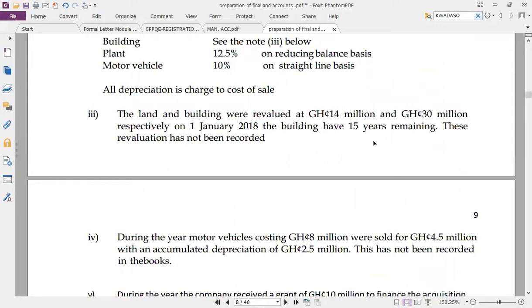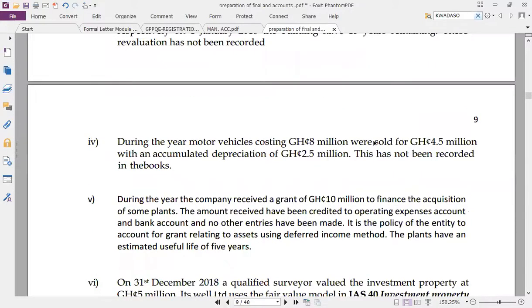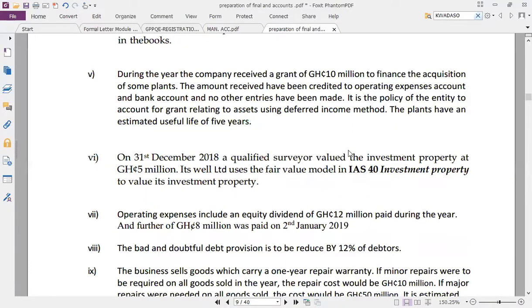So we have to add this loss to the operating expenses. But if it happens to be a gain, then we add the gain to other income, because we said that a revaluation or fair value gain on investment property must be reported in other income. Good.